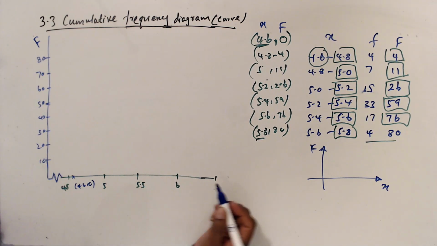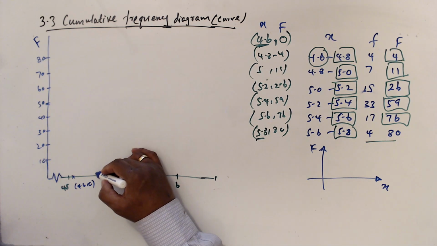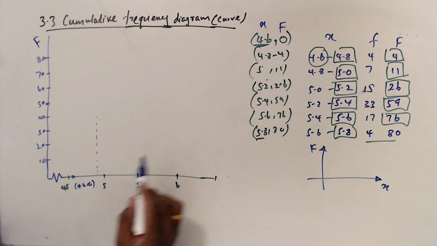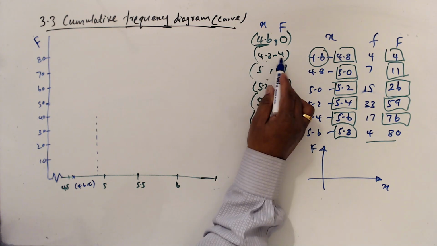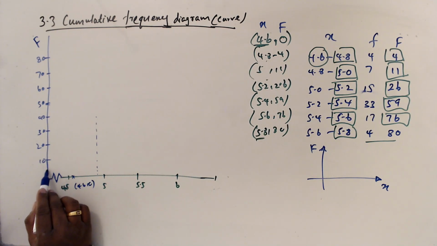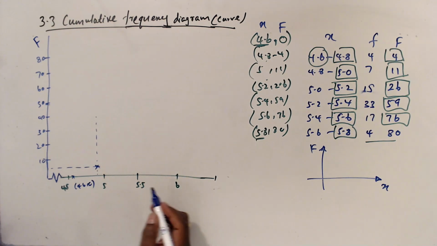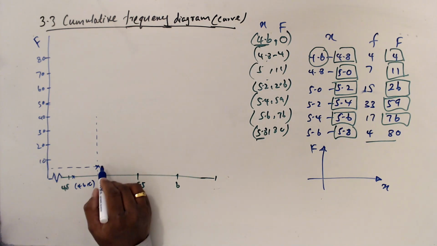And the other one is 4.8, somewhere here. So this is one point, and the other one is 5 to 11.